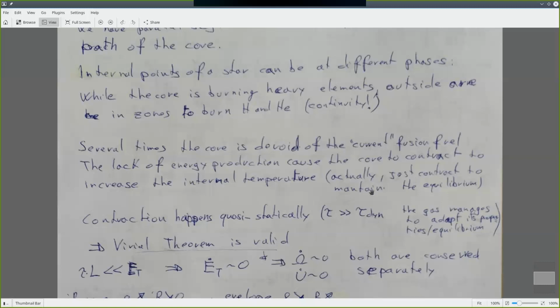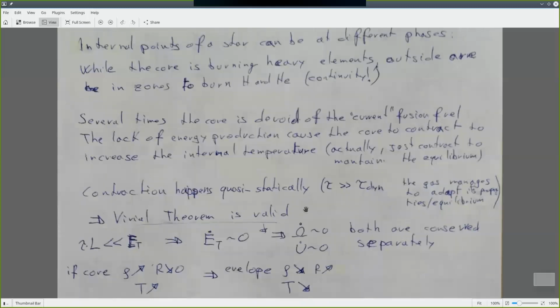Usually we say that the star needs to contract to burn; actually, it contracts to maintain the equilibrium. As a consequence, the temperature will rise enough to burn the other elements. It's not the aim of a star to burn elements. It's just a physical system trying to stay in equilibrium.